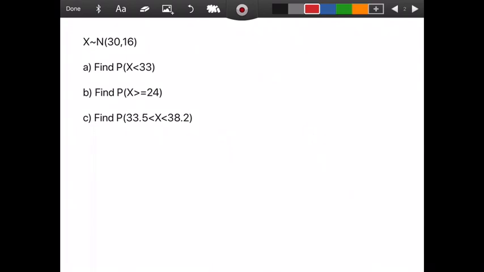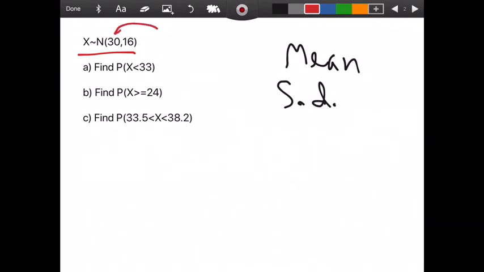There's a couple of things we need to know first. We are going to need in our calculators the mean and the standard deviation. If we're given something like this, x follows a normal distribution, this 30, that is the mean, but 16, that is going to be the standard deviation squared.